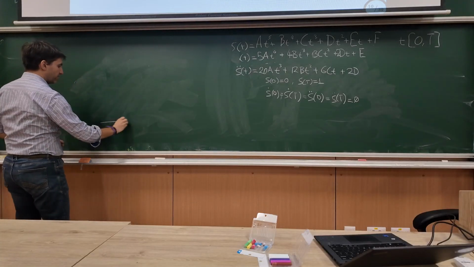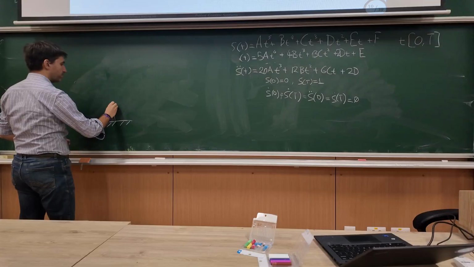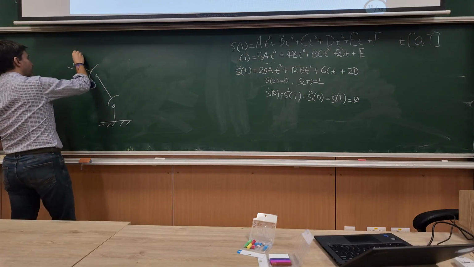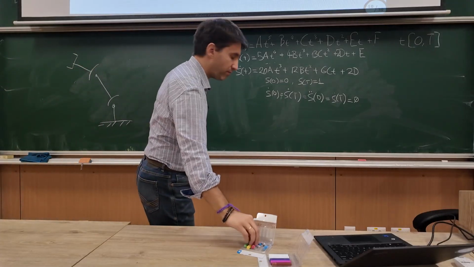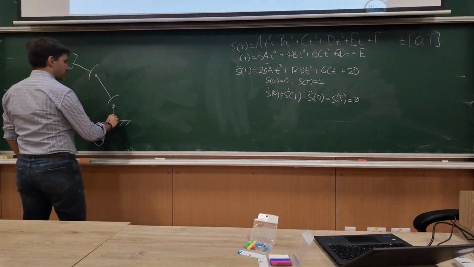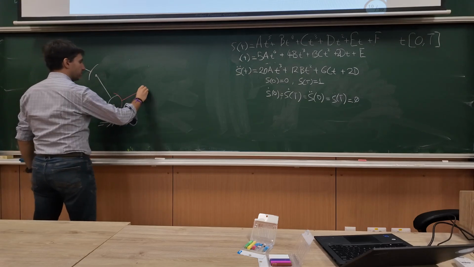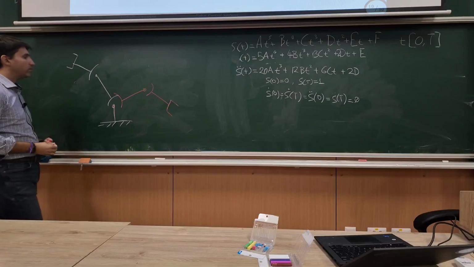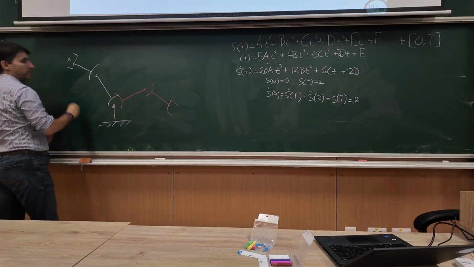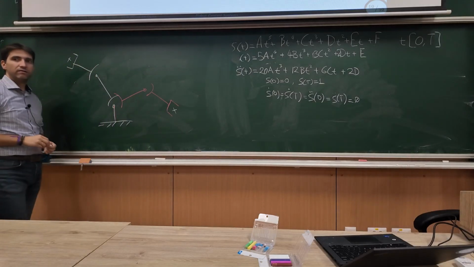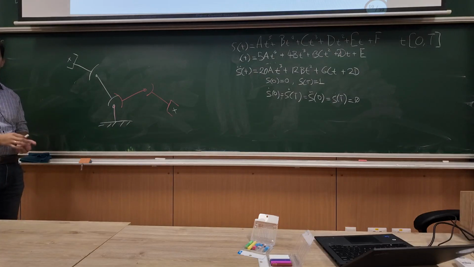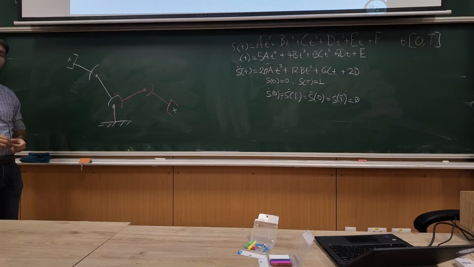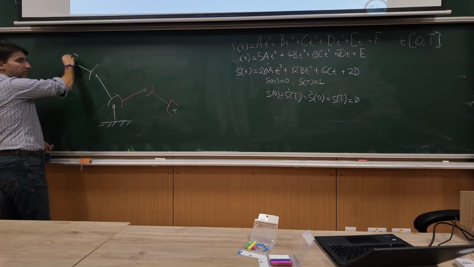What you're saying is, if I have again my robot, and I have a starting pose, and I have my end pose as well. Take it step by step again. So I have a starting point, an ending point, and I calculate a line between them.